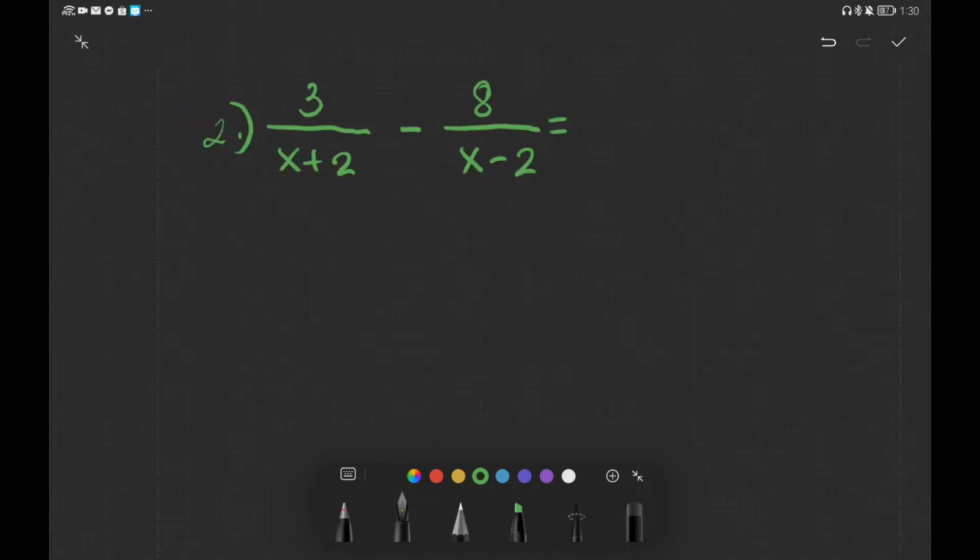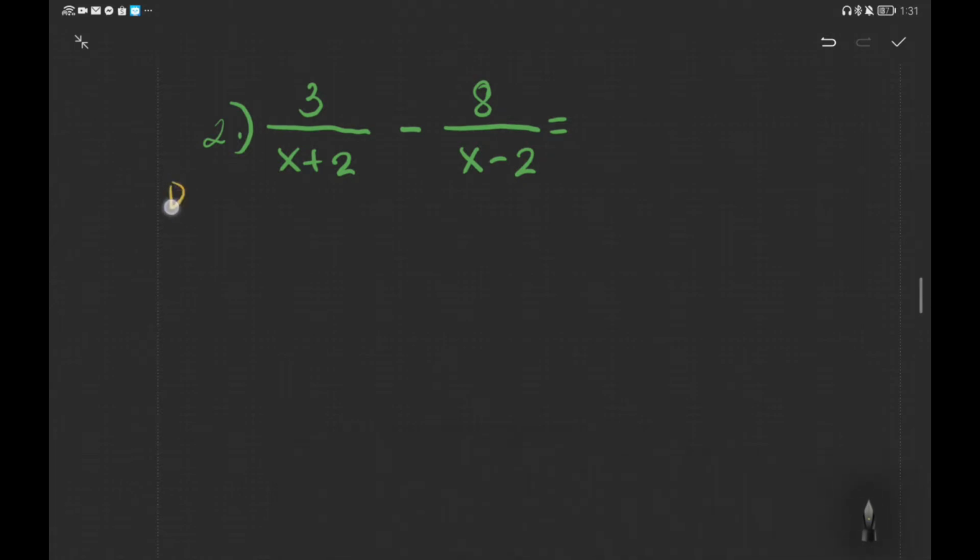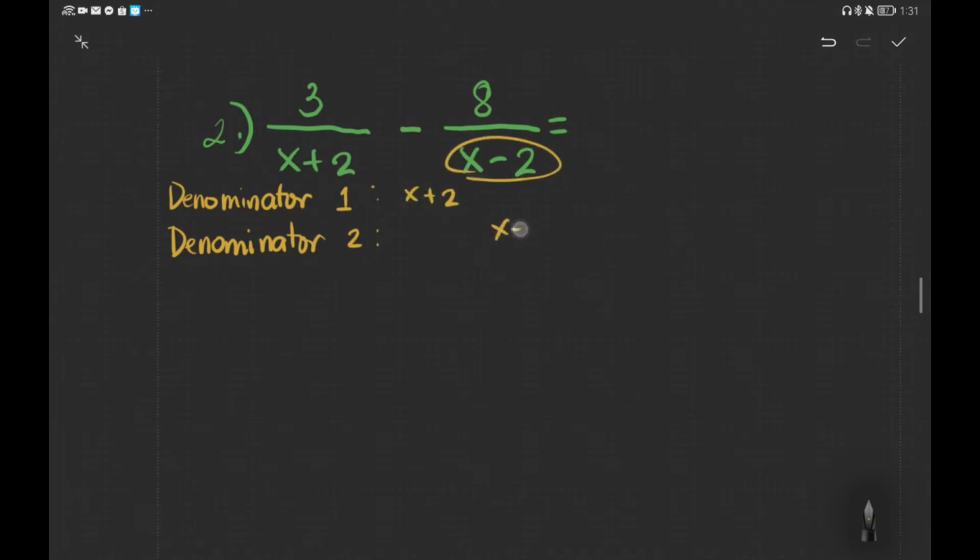Now let's have example number 2. We have 3 over x plus 2 minus 8 over x minus 2. Now let us first identify the denominators. Denominator 1 is x plus 2 and denominator 2 is x minus 2.